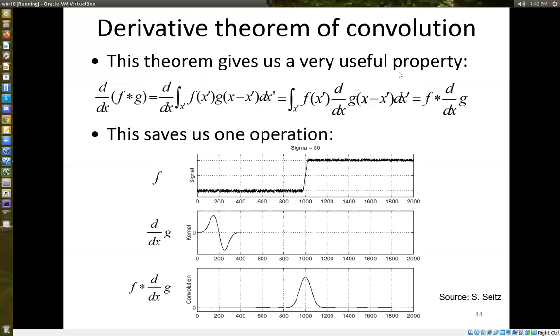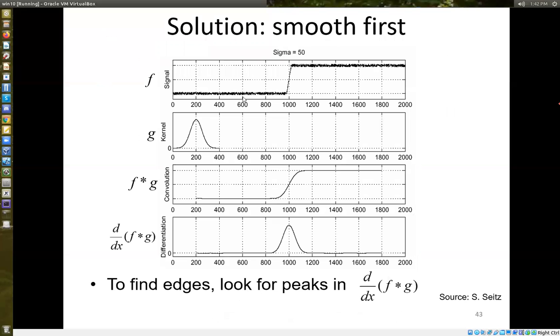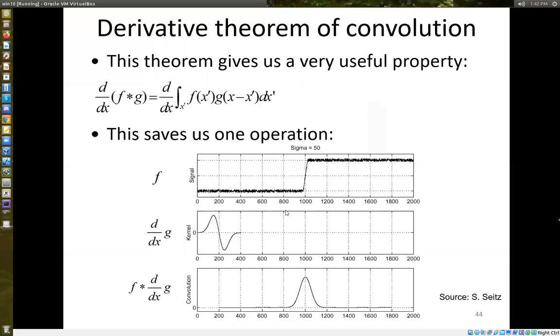So you can think of this as a new function. It's actually a convolution of f with the derivative of this g function, dg/dx. So instead of first filtering with g and then taking the derivative, I can directly filter with the dg/dx kernel, so it becomes just one step.